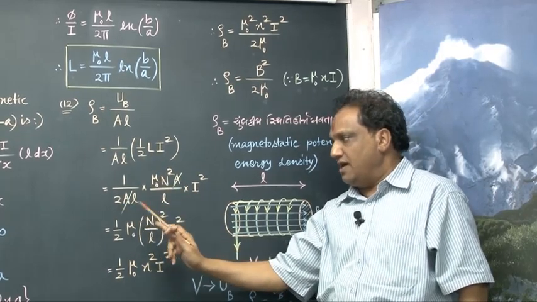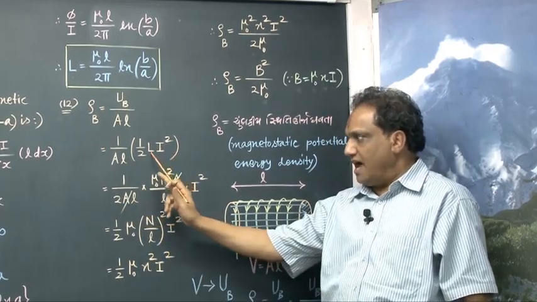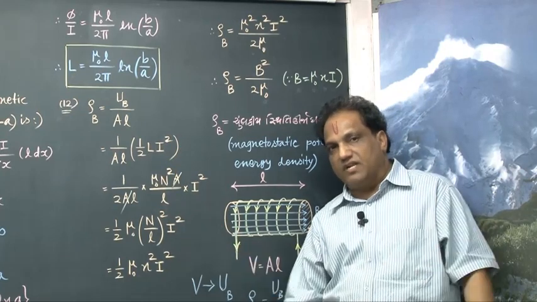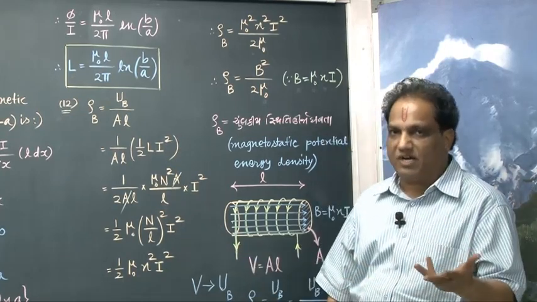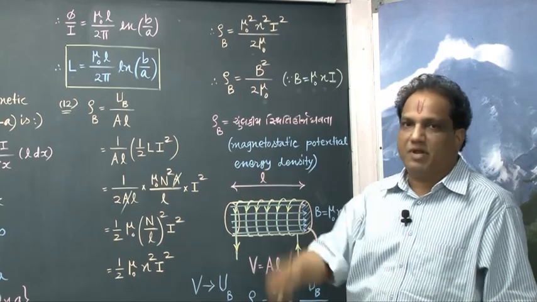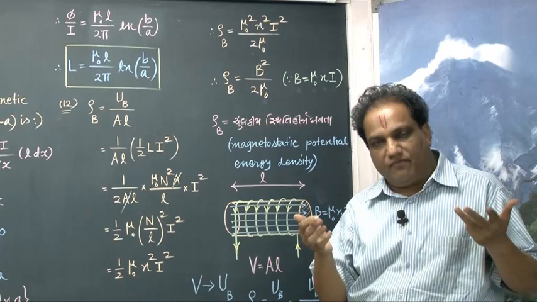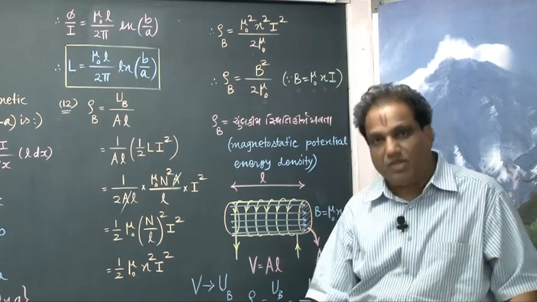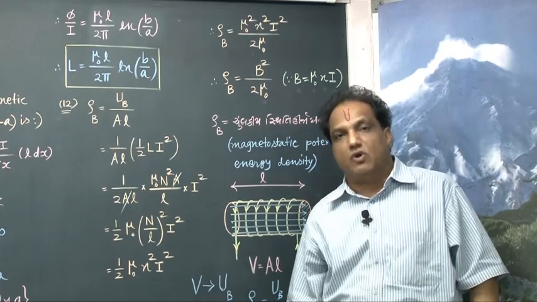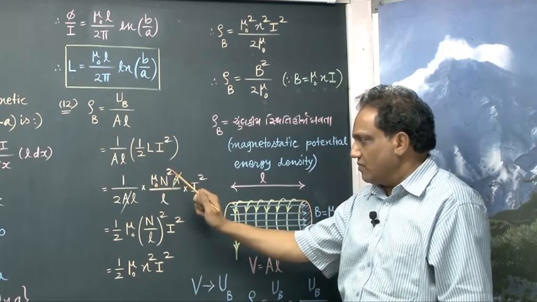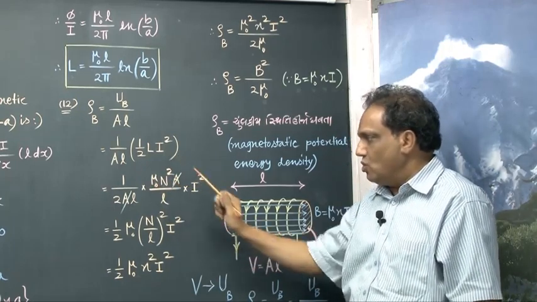What is L? Self-inductance of this solenoid. In sum number 8 of this chapter we saw the formula of L: mu 0 n square A upon small l.